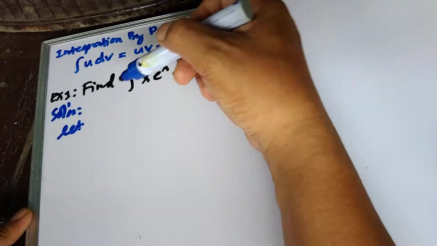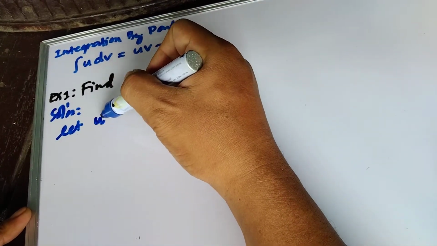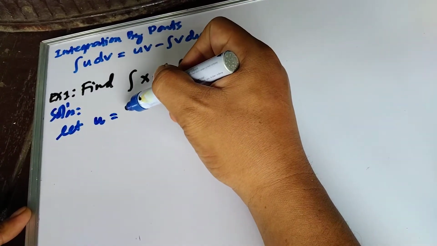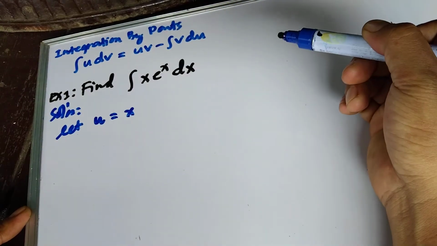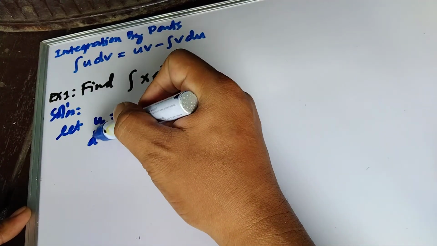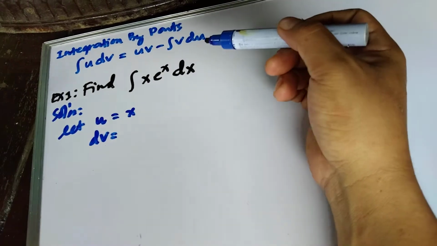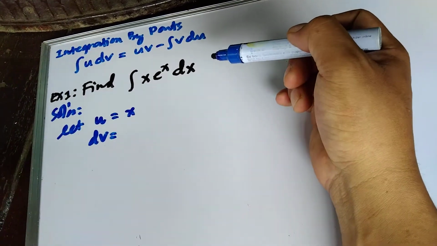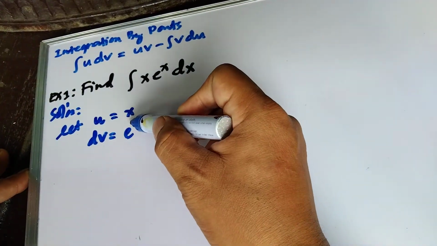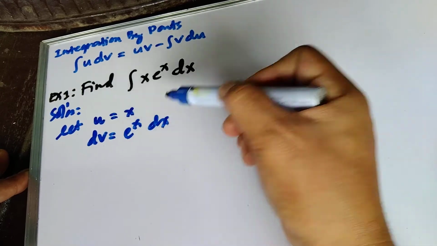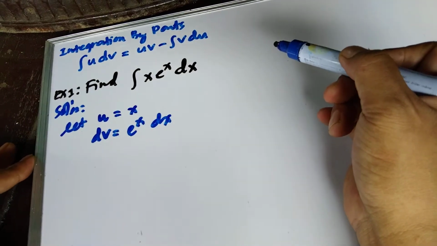So what is our u? We let u be our x. What is our dv? What is left. So you have e to the x dx. That is our dv.